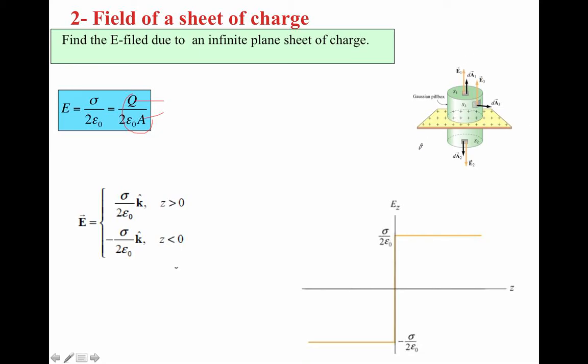Remember, this is x, y, and this is z. So it is positive and constant on top, and at the bottom it is pointing down, so it is negative. This is for z greater than 0, with z being the vertical axis in this case. So that's the electric field due to an infinite sheet of charge.